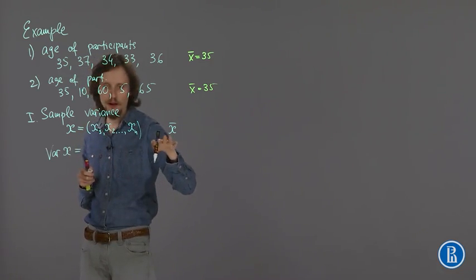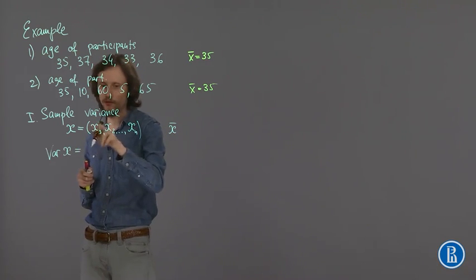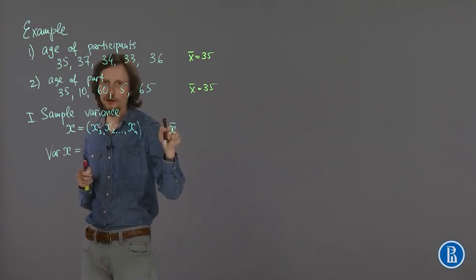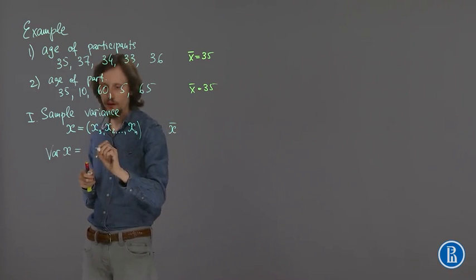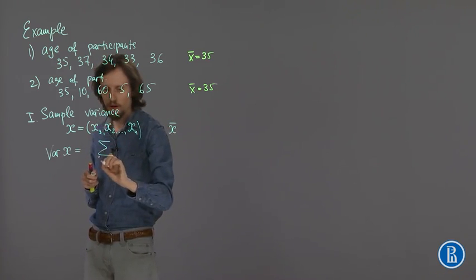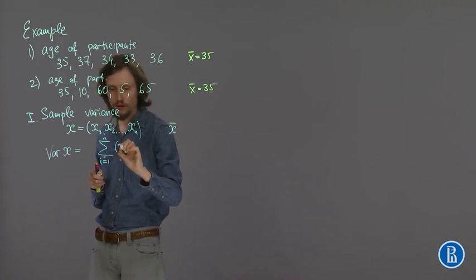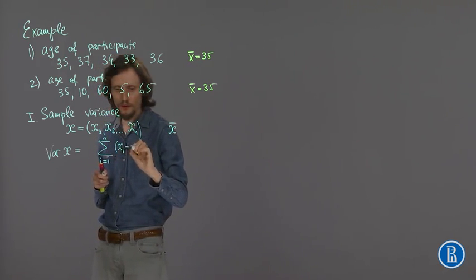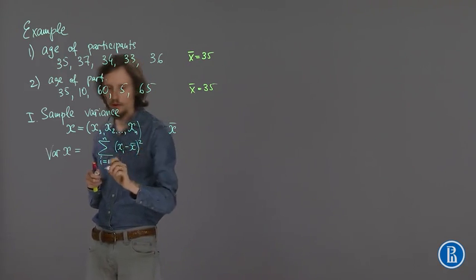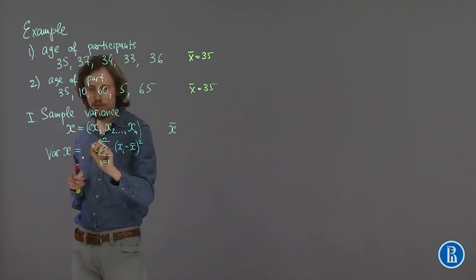It is an average of the squares of deviations of values of x from their average value. So I have to find a sum for i from 1 to n, xi minus x bar, take a square and divide this sum by n.